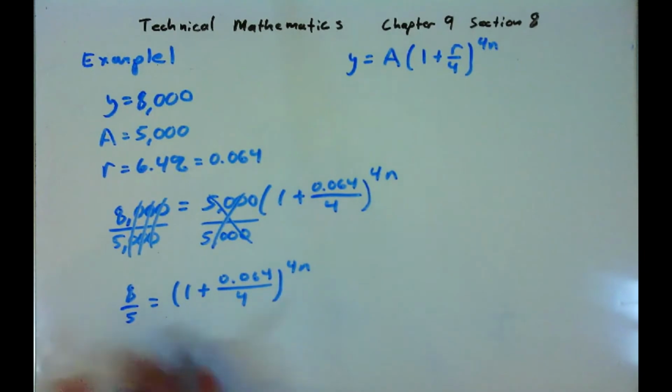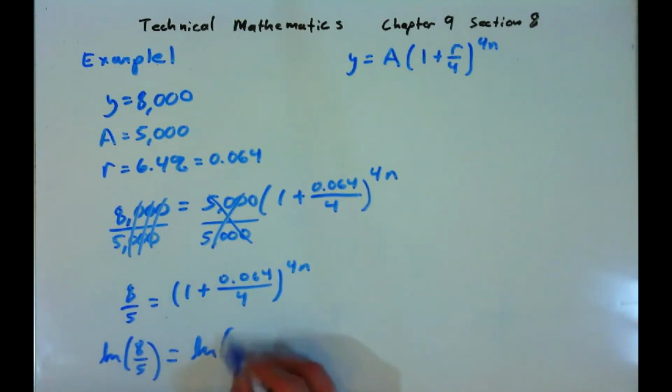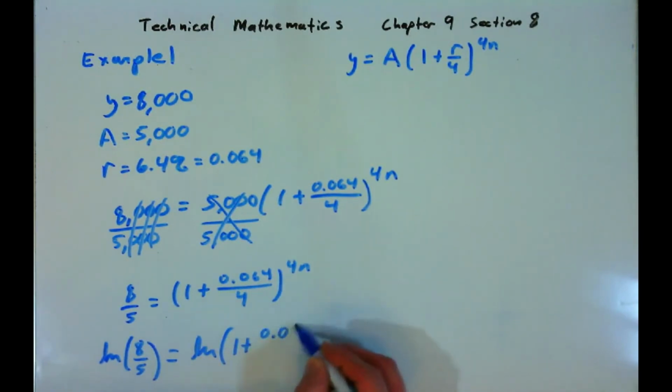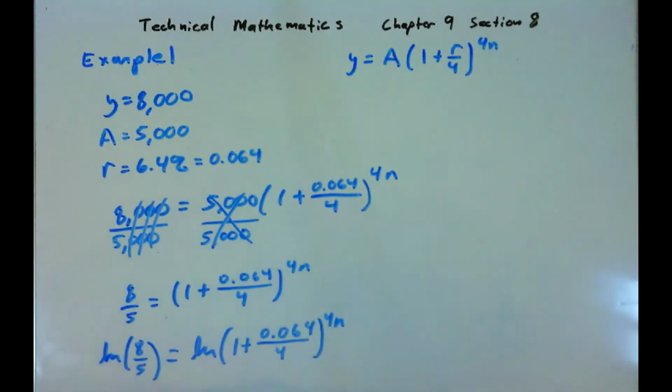So to get the n out of the exponent, I need to take the logarithm of both sides, and it doesn't matter which logarithm I take, natural log or common log. I'll use the natural logarithm. Take the natural logarithm of 8/5 on the left-hand side, and take the natural logarithm of 1 plus 0.064 over 4 to the 4nth power.